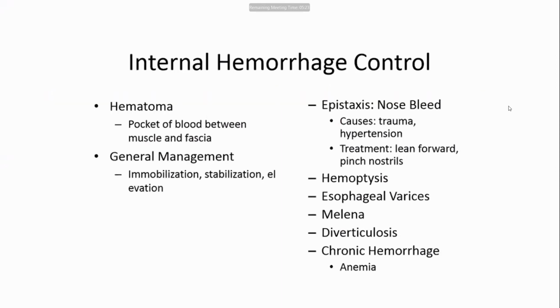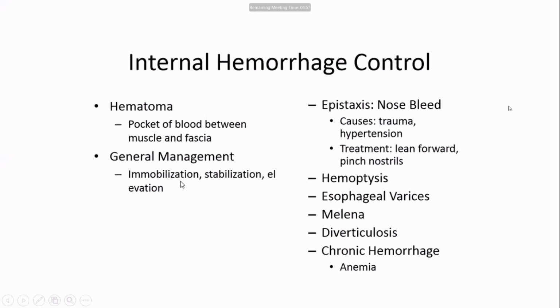And internal hemorrhage control. If the patient has internal hemorrhage, for example, hematoma in muscle or fascia, it will be like a tourniquet, and it will stop on itself.